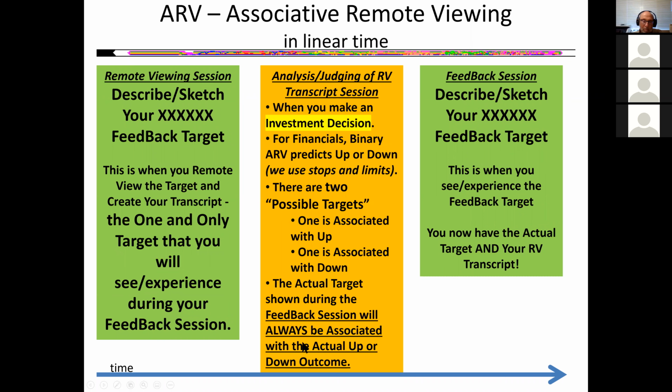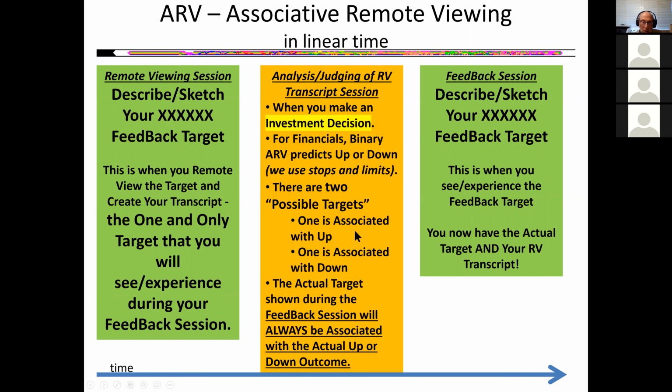And so if the possible target associated with up, which is shown here, and up happens, and it's well described in this time frame, right? The analyst has a transcript. He sees two possible targets. Oh boy, it really matches this one well.